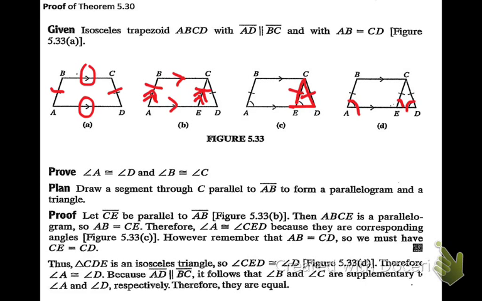And then it follows, since AD is parallel to BC, that angle B would be supplementary to A, and C would be supplementary to D. Since they're both supplementary to congruent angles, they would be congruent. So there we have an isosceles trapezoid.